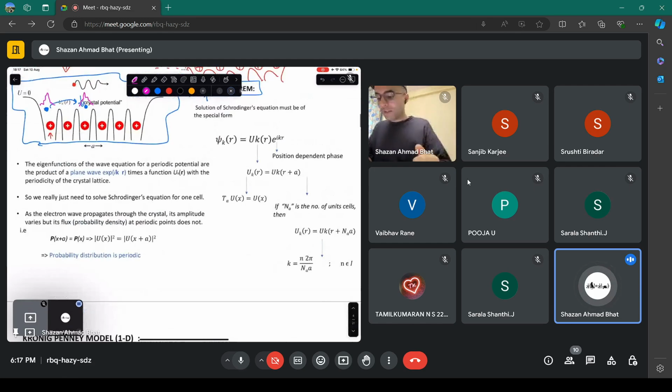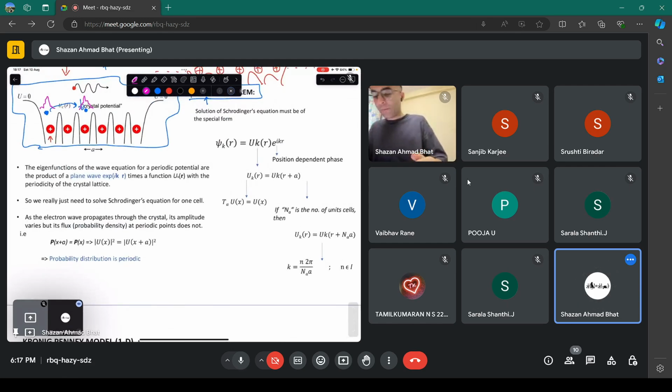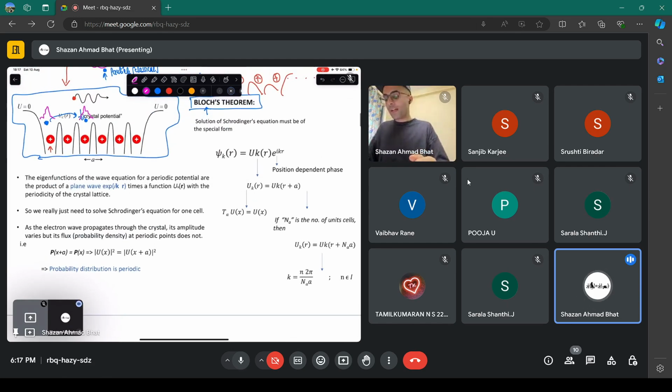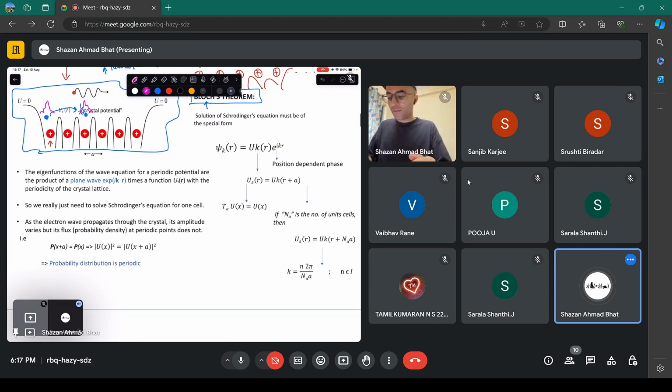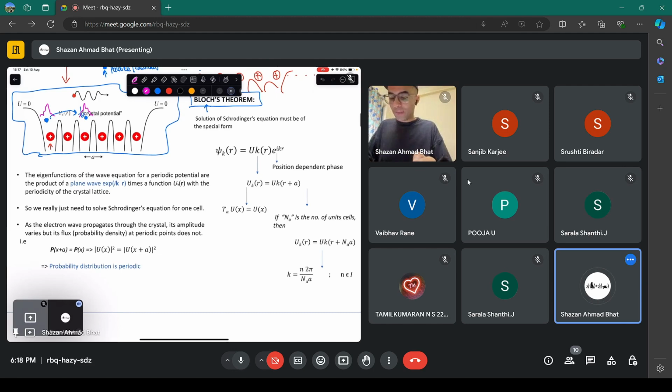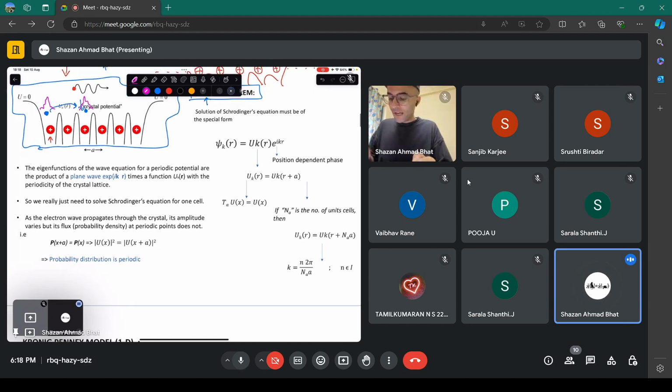Now, as per Bloch's theorem, Bloch said that this is more of a mathematical picture rather than a purely theoretical one. It came from pure mathematics. Bloch considered that if you have this particular picture, these are just repeating units of some kind of potential wells.